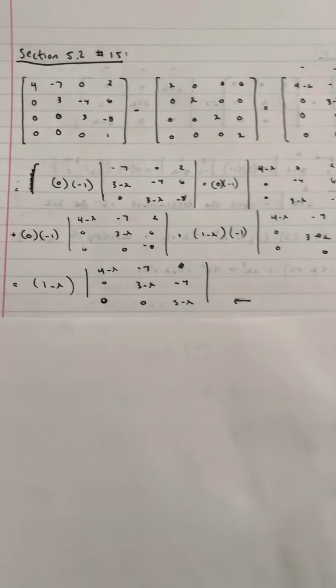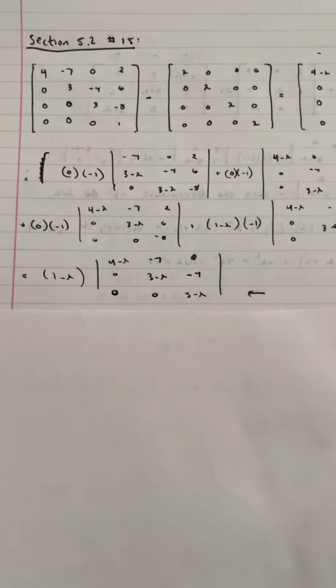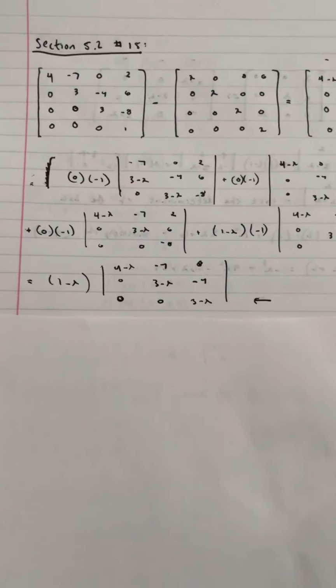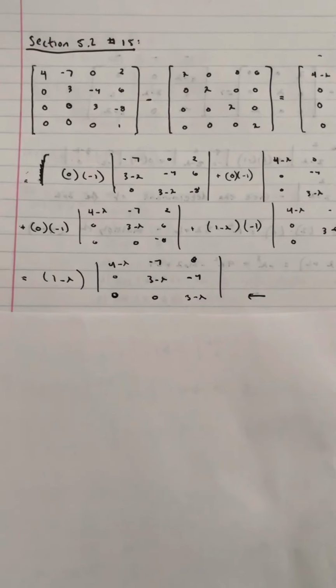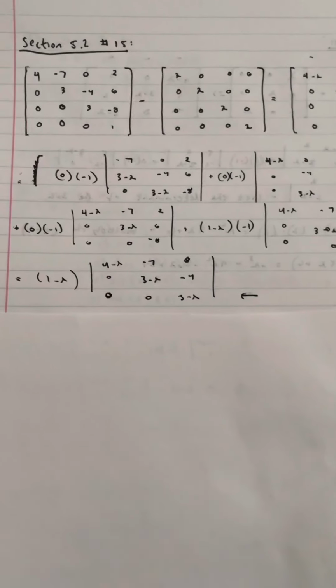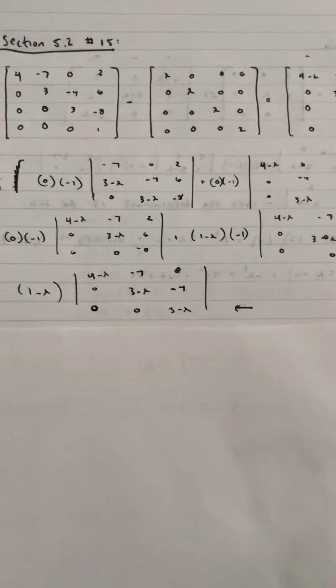So now, after adding that together, we are left with 1 minus eigen times the 3x3 matrix of 4 minus eigen, -7, 0; 0, 3 minus eigen, -4; 0, 0, 3 minus eigen.